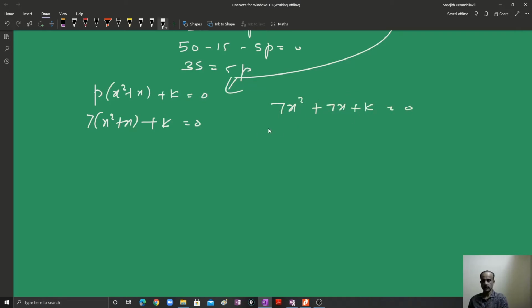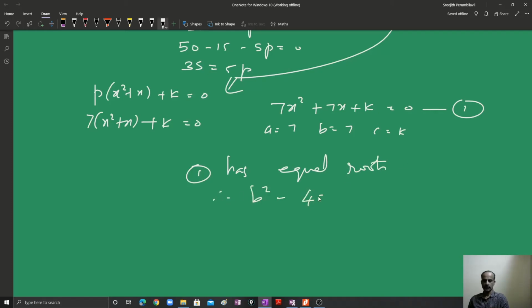Equal roots. So here a is equal to 7, b is equal to 7, and c is equal to k. This has equal roots. So what is the condition? Therefore b square minus 4ac equal to 0.